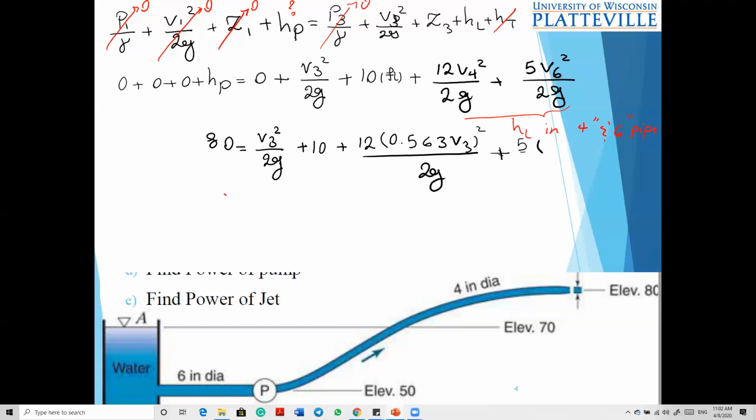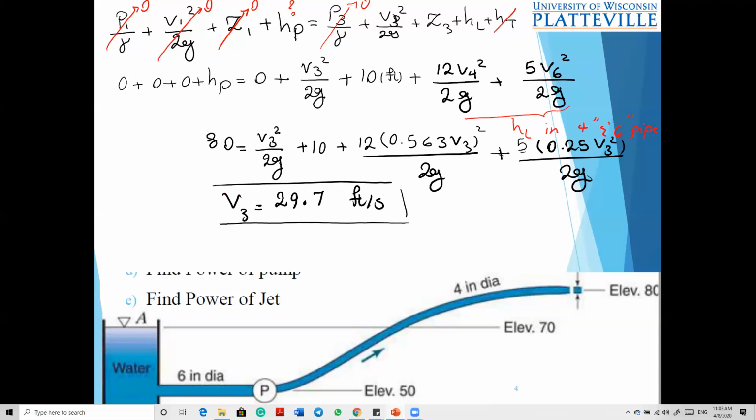What is V6? It's 0.25 V3 squared over 2g. From here, I can solve for V3, which is 29.7 feet per second. All right, I have V3. From the continuity equation, I can find V4 and V6, right?